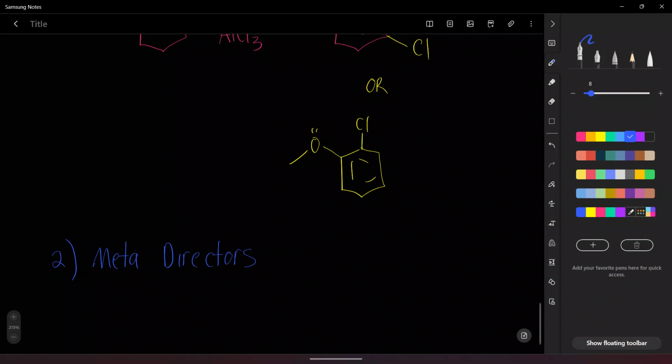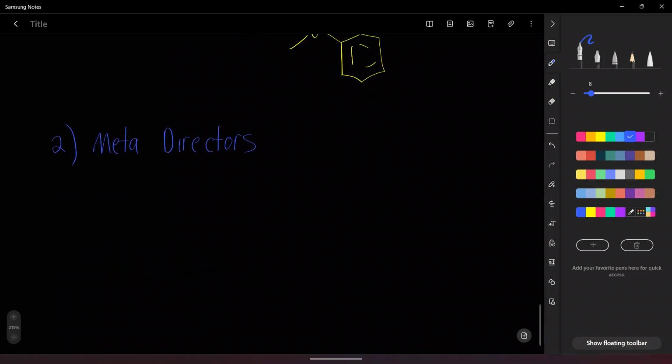All right. So the meta directors, they can pull out electron density from the ring via resonance or induction.